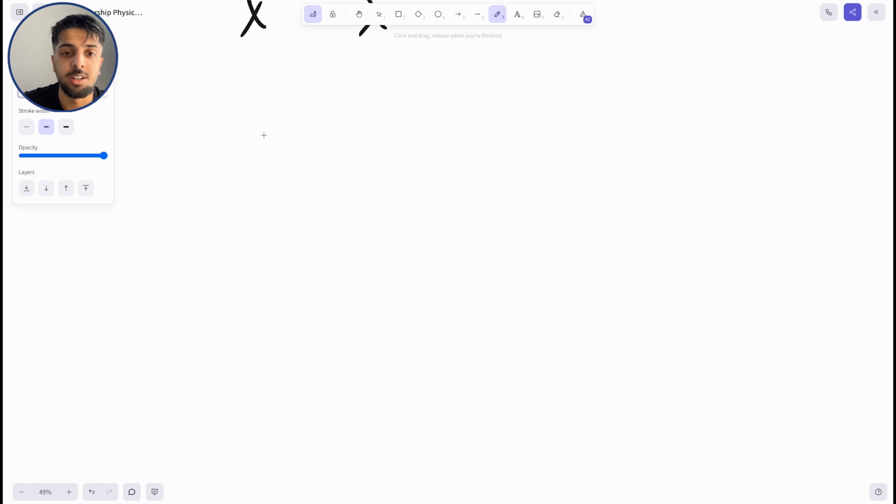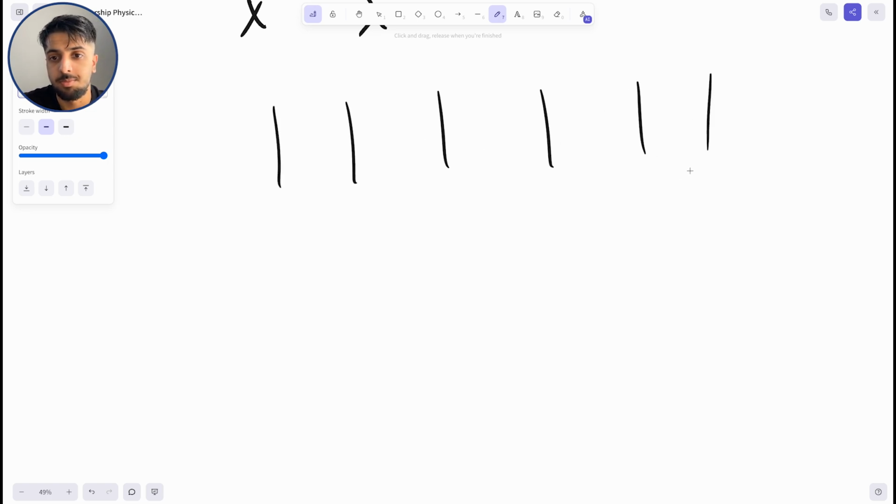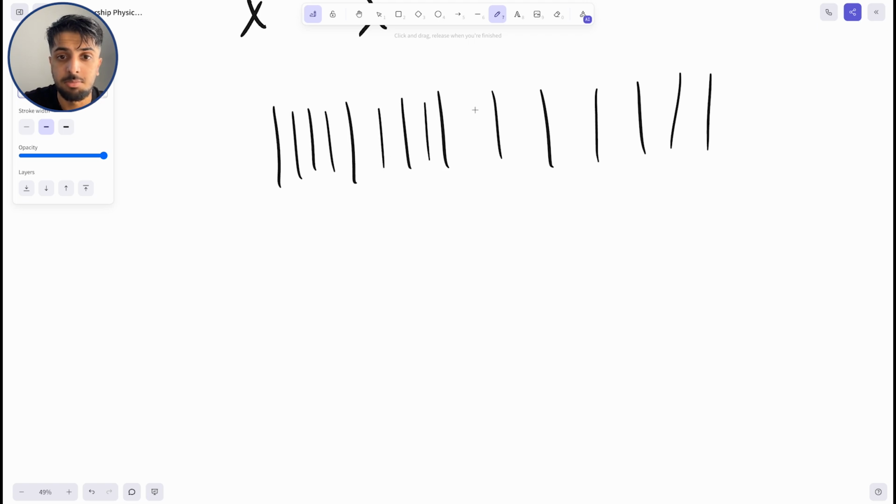If we have our fringes like this, right, and we increase them, okay, so now we've added more fringes, and let's add some more. Right, and let's add some more.